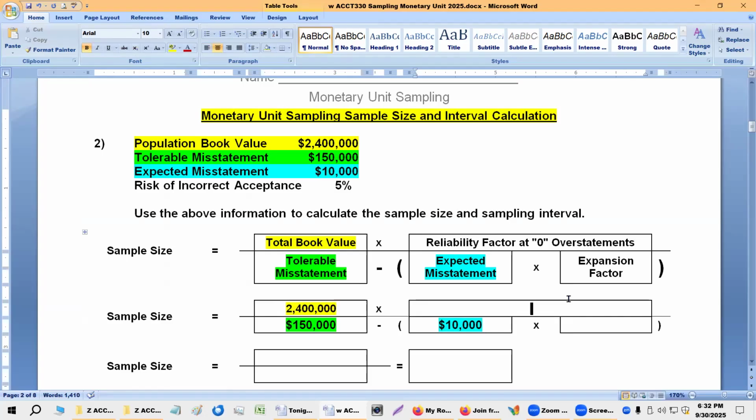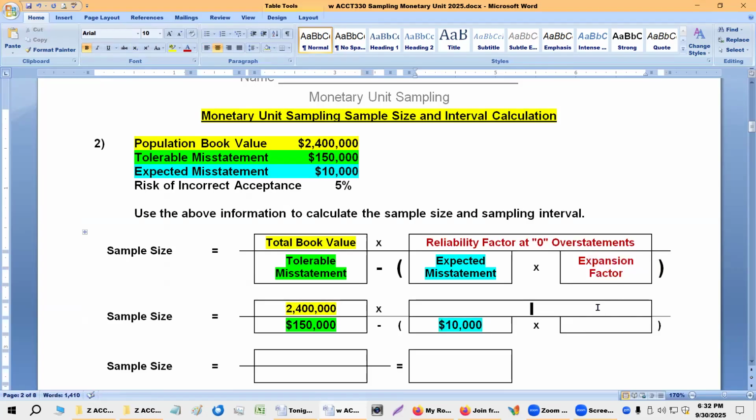Okay. Now we have to find these other two. So we can find the reliability factor at 0 overstatements and the expansion factor. I have to plug those in.